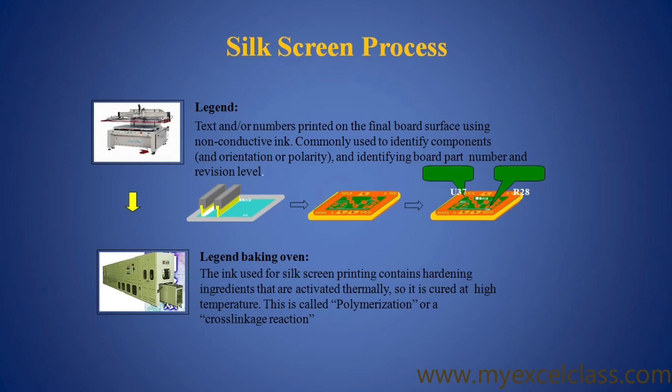The ink used for silk screen printing contains components that are activated thermally. So after this final printing by this machine, your board is put in the oven for a thermal process.